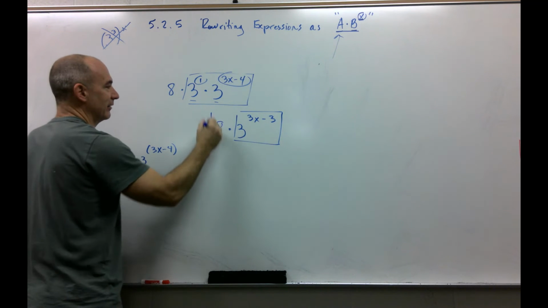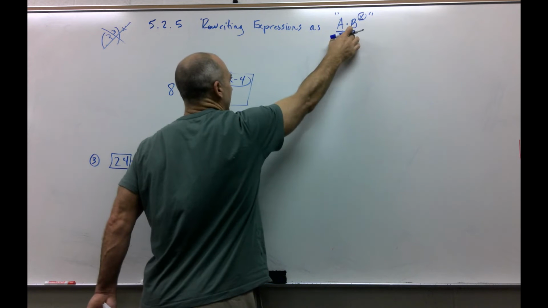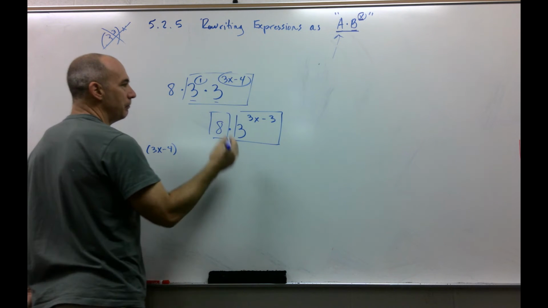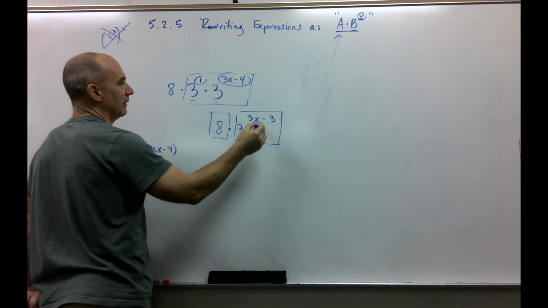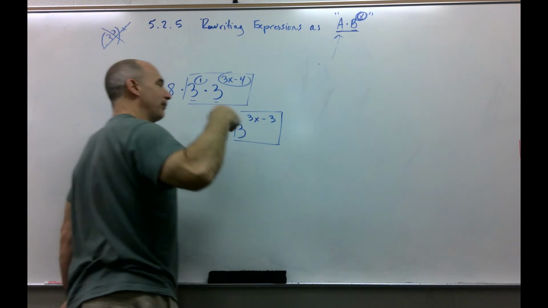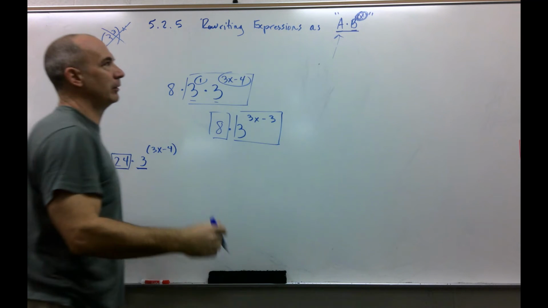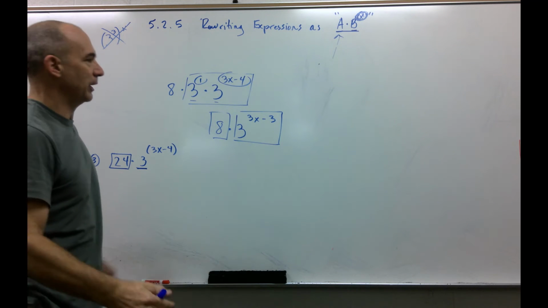And again, this takes us back to, aren't we done? Because it really does follow this. But technically, they only want one. Basically, you're not done until you can create where you have one variable exponent.